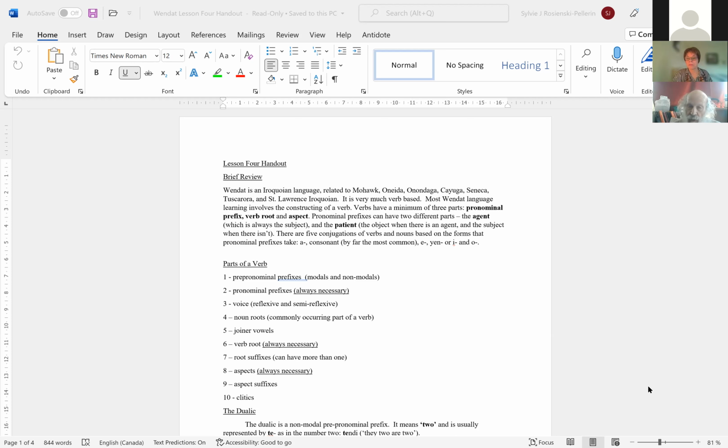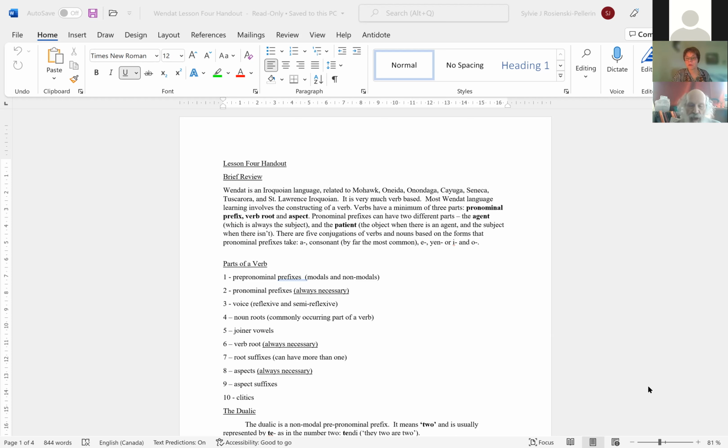It can stand by itself, but it's usually incorporated into a verb. Usually. All right. Now, there are joiner vowels. That's just a phonetic necessity. Then there's the verb root, of course. Then there are root suffixes, and you can have more than one of those. The aspect, which is always necessary.